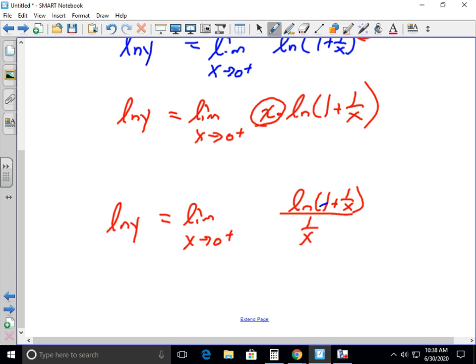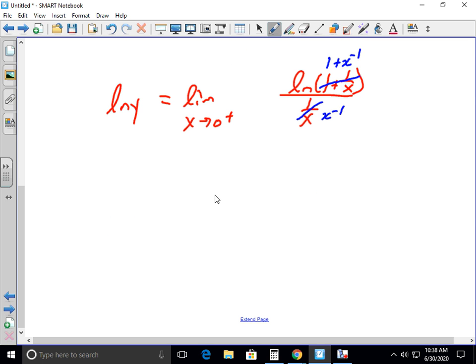So let's call this 1 plus x to the negative 1, and let's call this x to the negative 1. This is still indeterminate. So using L'Hopital's rule, we would take the derivative of the top.